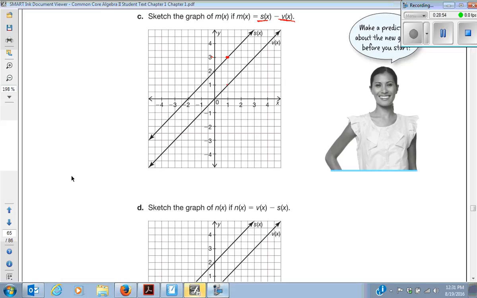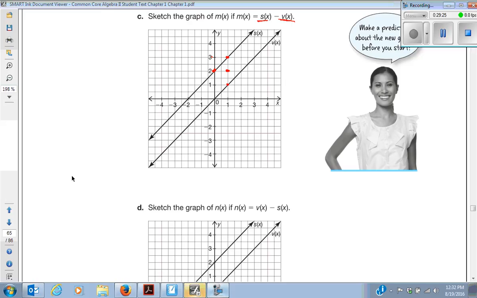What's the value here? 1, and 3 minus 1 is? So what's going to happen? Where do you predict this line is going to be? It's going to be parallel to it, because 2 minus 0, watch what happens. 2 minus 0 is what? Uh-oh, was the prediction wrong? Be careful on this one.